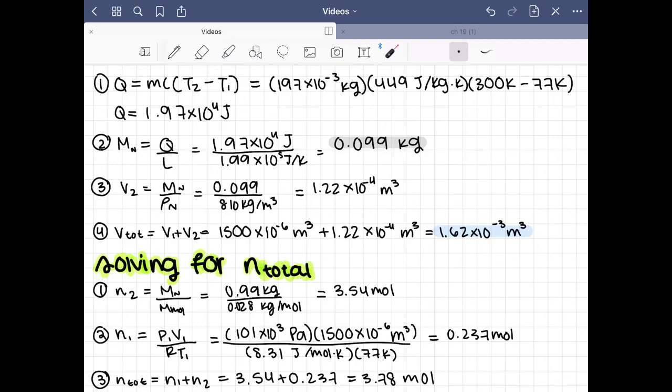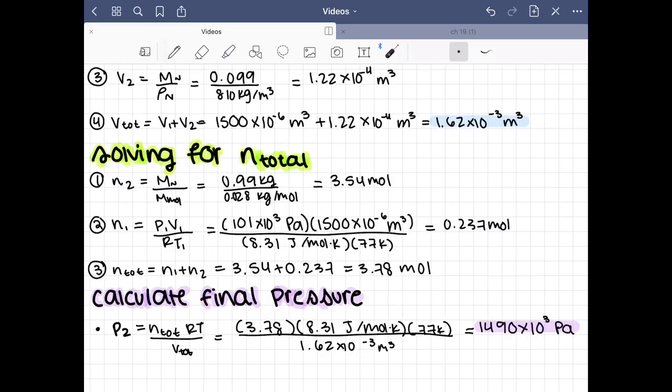And then to find the number of moles that are added, I would use this equation, which I said was the ideal gas law equation, plug in all the values that I had already written down, and I'm going to get that 0.237 moles are added, and then I would just add N1 and N2 and get that the total number of moles is 3.78 moles.